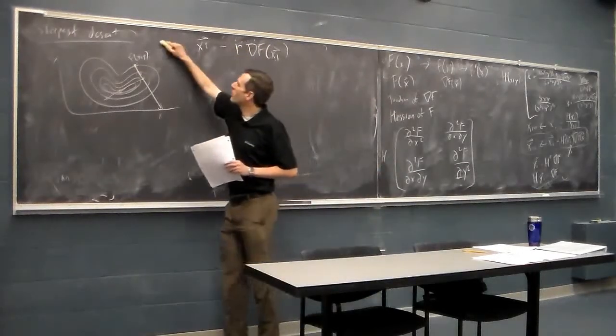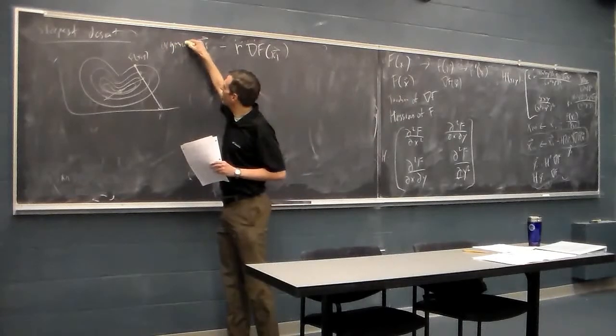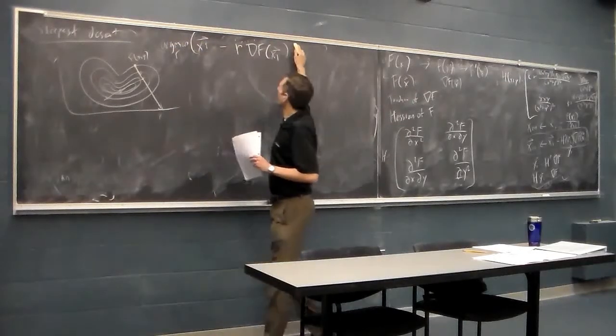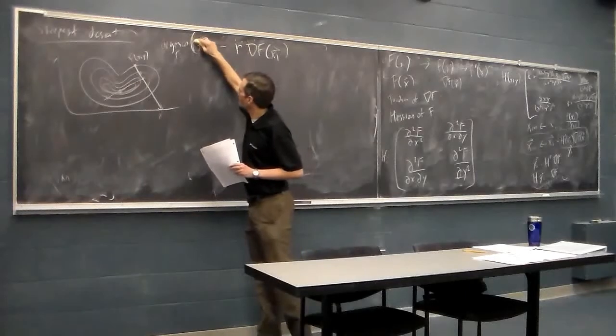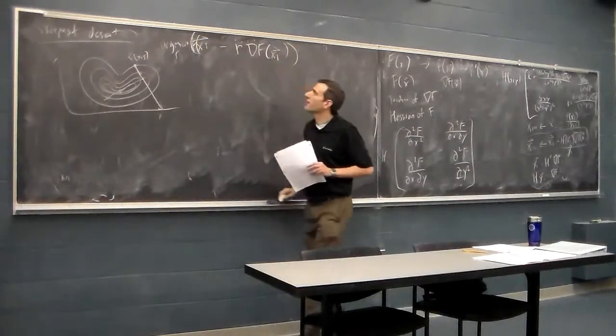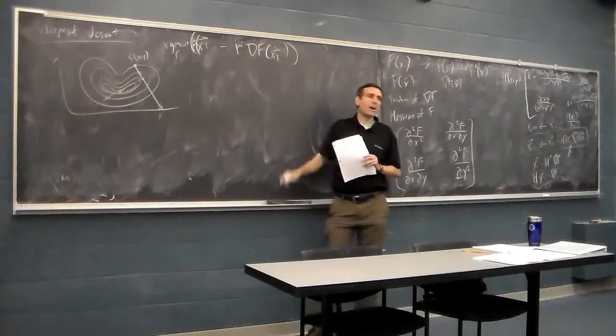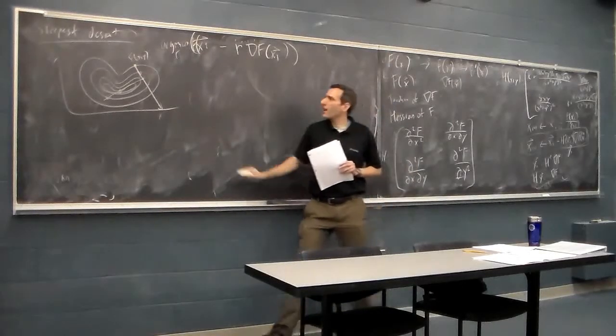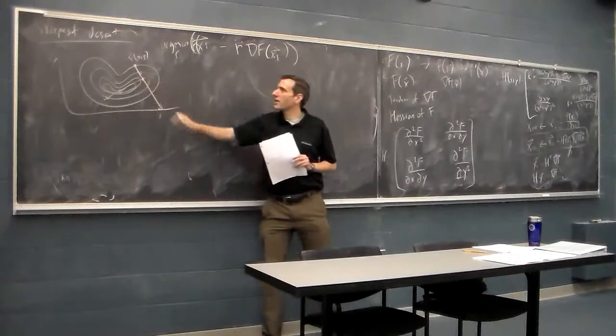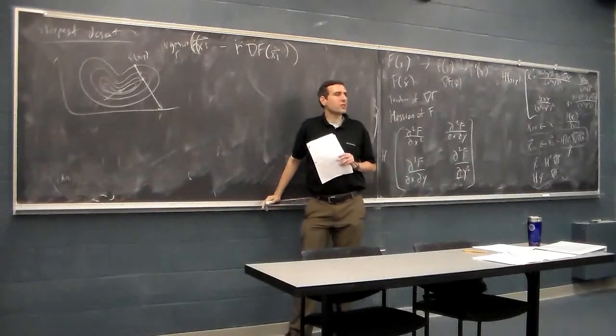In particular, what we're trying to do is find what's called the argmin over r of f of this thing. So in other words, we're trying to find the value of r that minimizes this function. And that would tell us the optimal point along that line for minimizing the function.